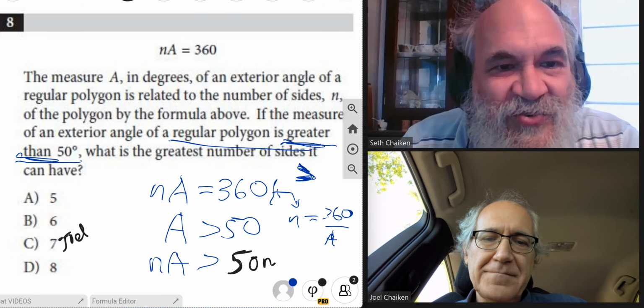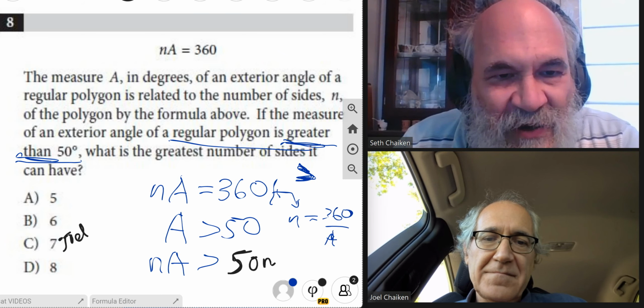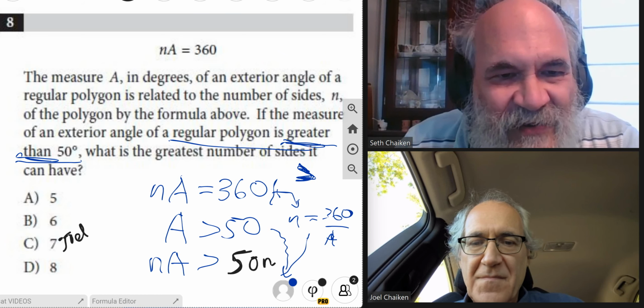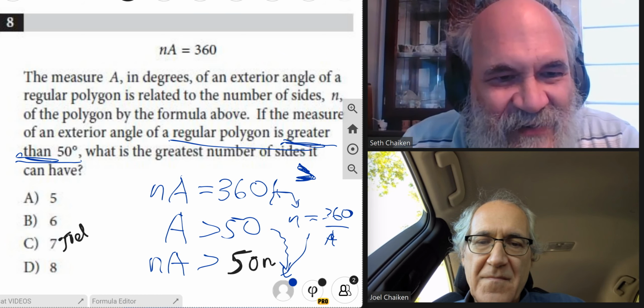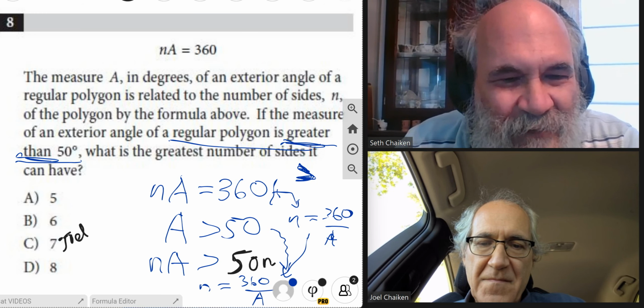Now, A is greater than 50. Therefore, we combine this fact with this fact, and we get N equals 360 divided by A.